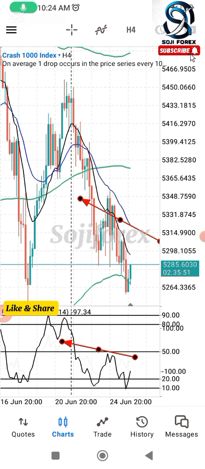What does that mean? It simply means that if I want to make my entry, I can also use these moving averages as another method of confirmation. And that implies that I won't be doing that in isolation.